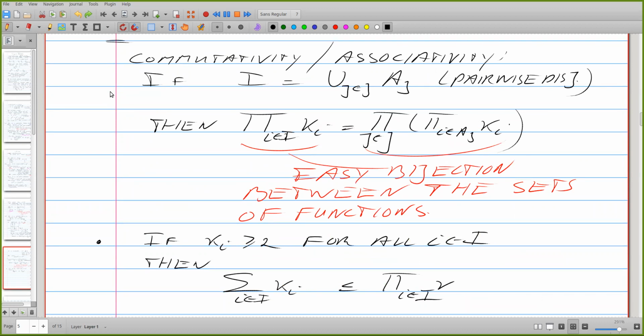If you split the set of indices into other sets and take partial products and then take the full product of that, the answer is just the same, because there are easy projections between the defining sets.